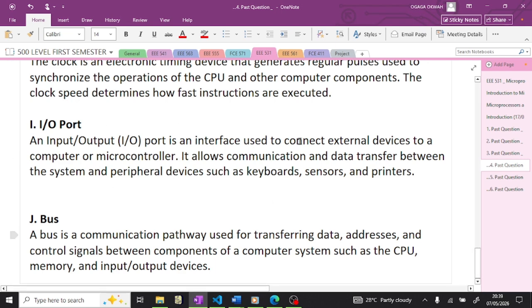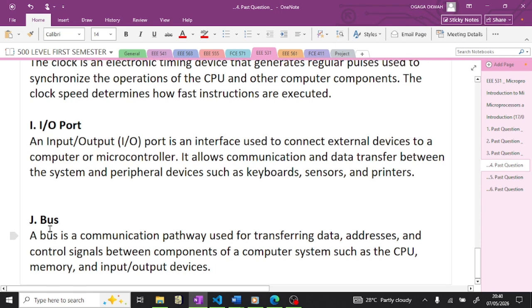They're like the sense organs of the computer, the input and output devices. It allows communication and data transfer between the system and peripheral devices such as keyboard, sensors, and printers, and things like that, even monitors.